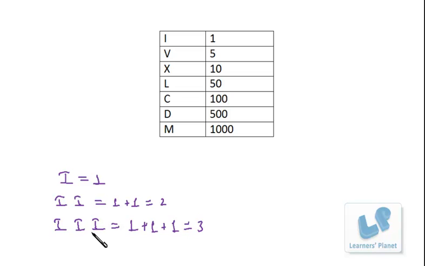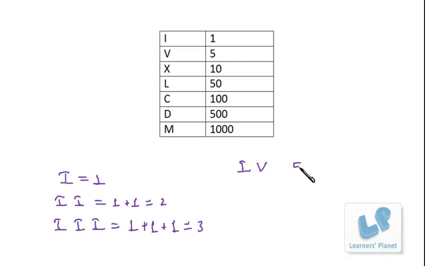So what we can do is we can deduct 1 from 5, so we will be getting 4. Now how could we deduct 1 from 5? If we write I at the left side of V, like this. Now if we write the symbol with smaller value at the left side of the symbol with the greater value, then it is represented as the difference.